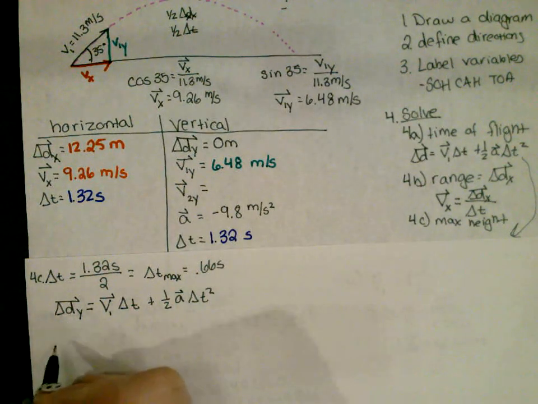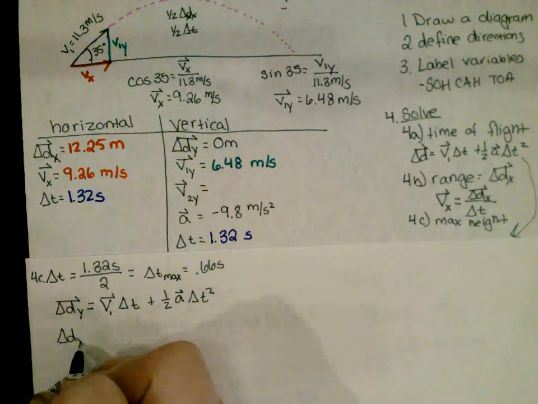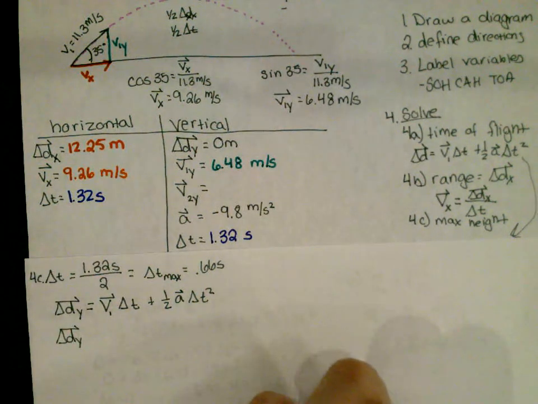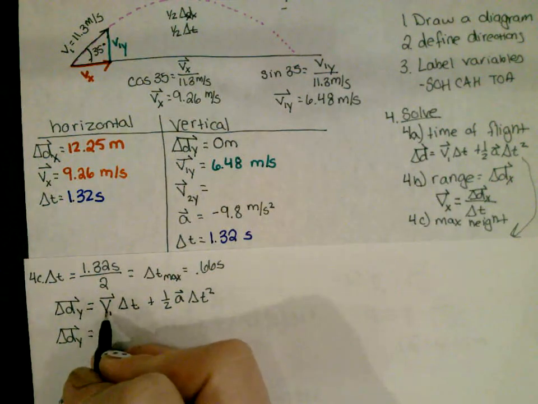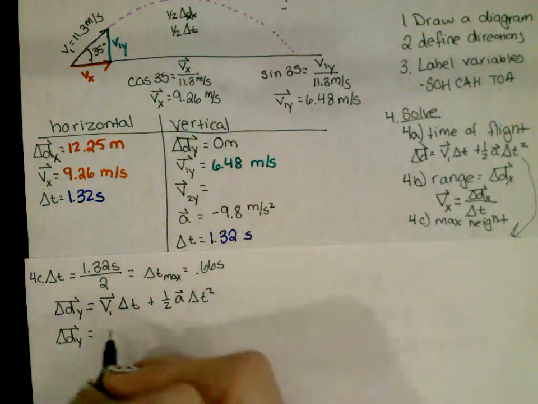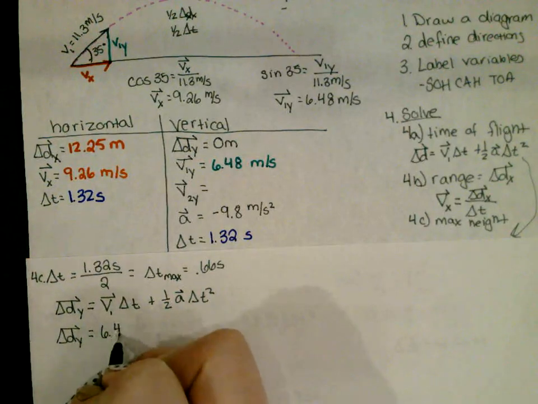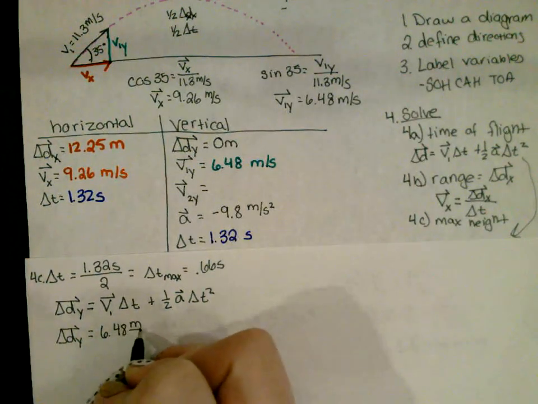This is what we're looking for. So our maximum height, our initial velocity y was 6.48 meters per second.